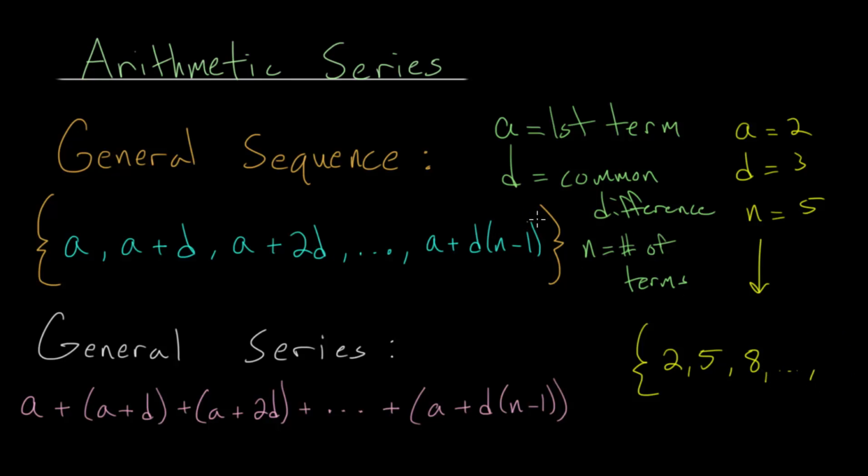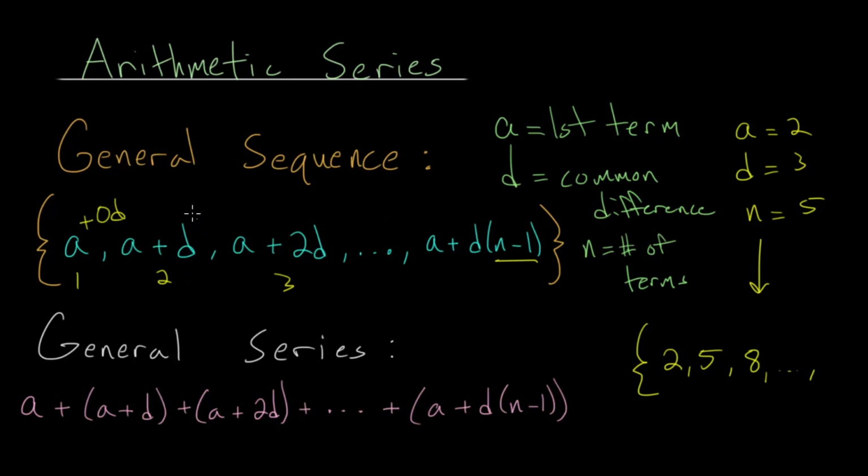And all the way to the last term in the sequence, notice we have n minus 1, and there are going to be n terms. Now, in reality, this first term is plus 0d. So for the first term, we're just adding that common difference 0 times. And here it's 1 time. So for instance, this is term 1, term 2, term 3.